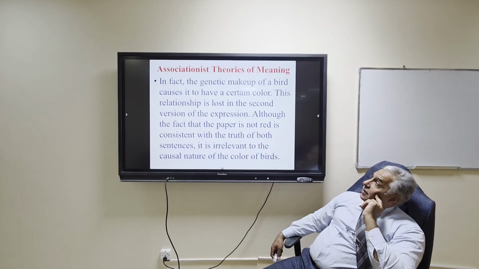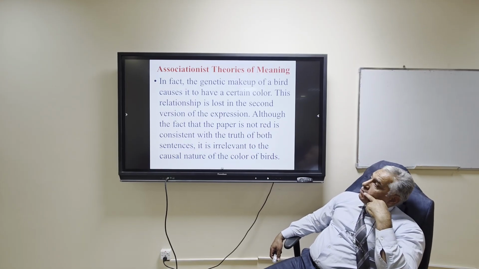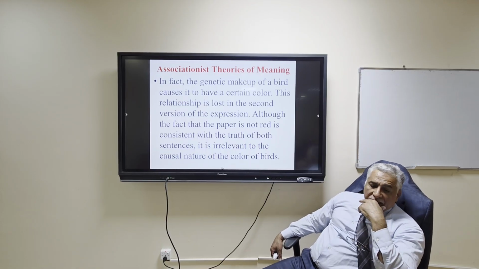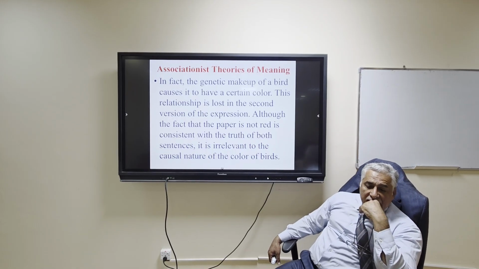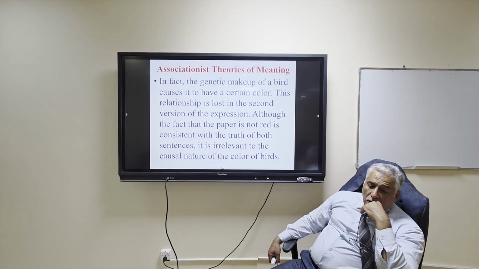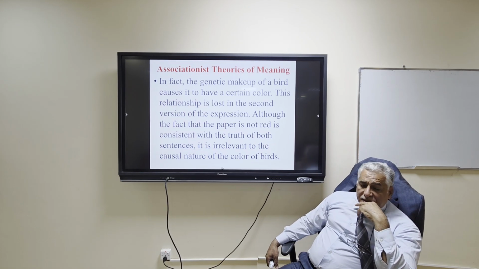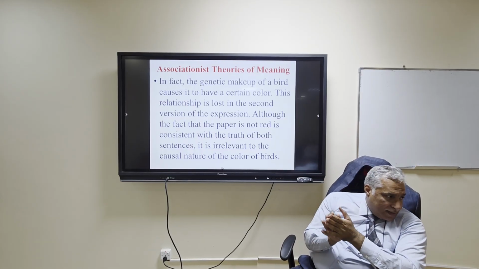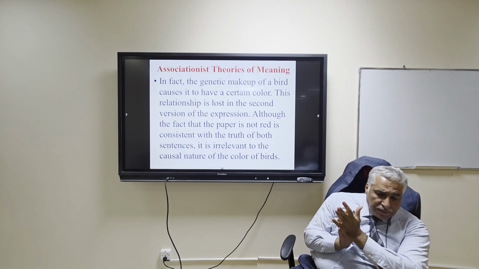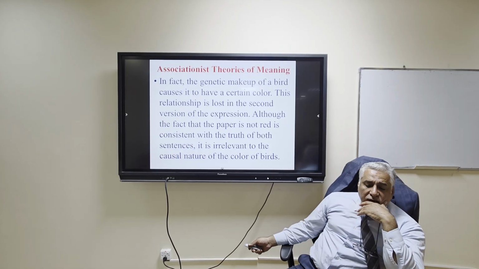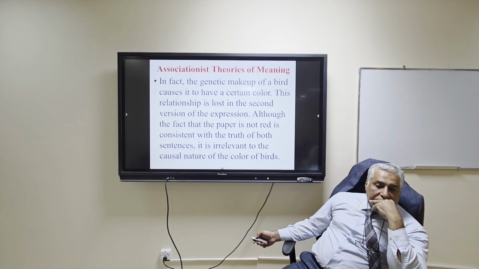In fact, the genetic makeup of birds causes them to have a certain color. These relations are lost in the second version of the expression. Also, the fact that the paper is not red is consistent with the truth of both sentences. It is not relevant to the causal nature of the color of birds.